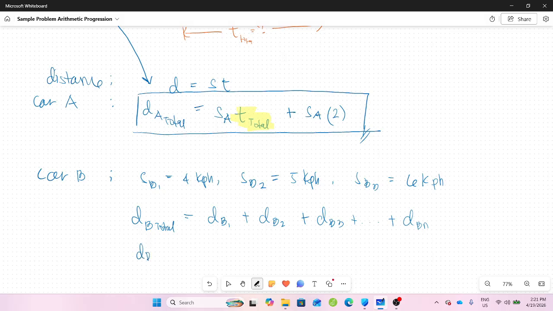Now, let us continue. For DB1, solving for the distance, we could use the equation earlier, the concept of speed.